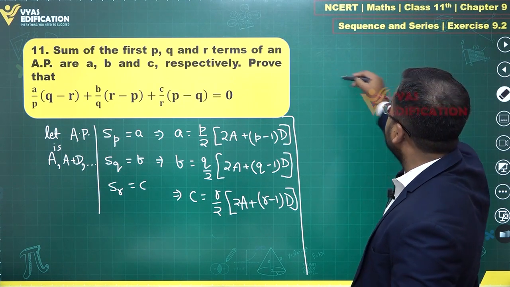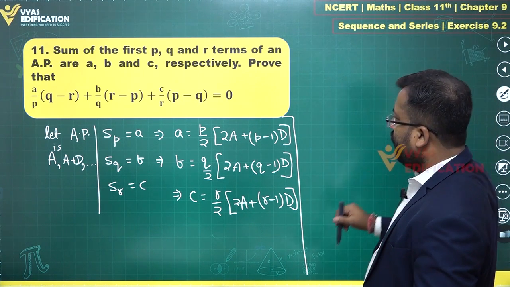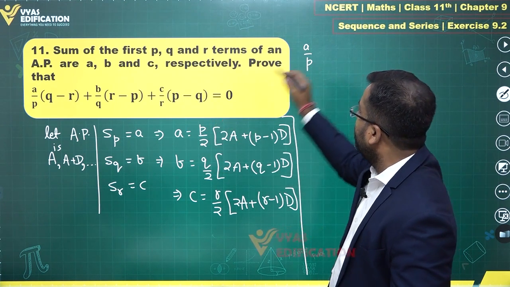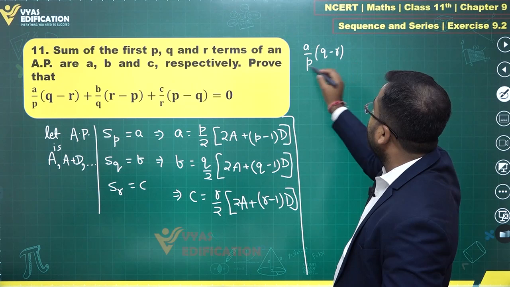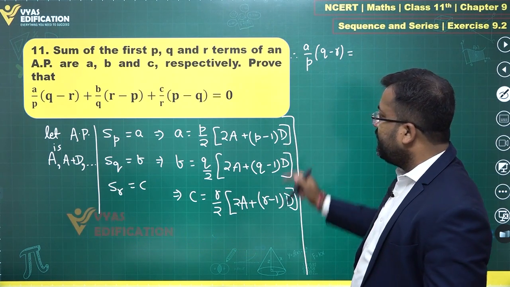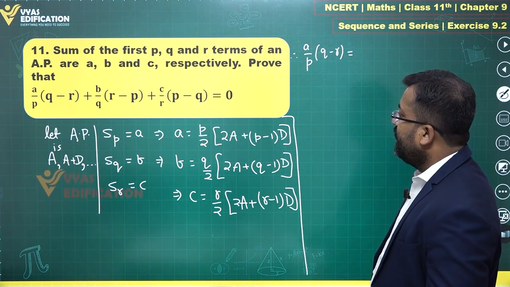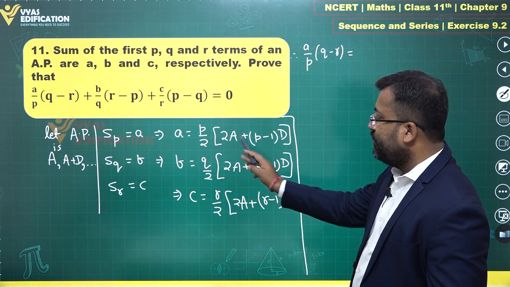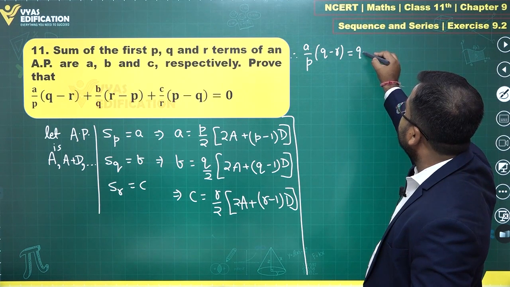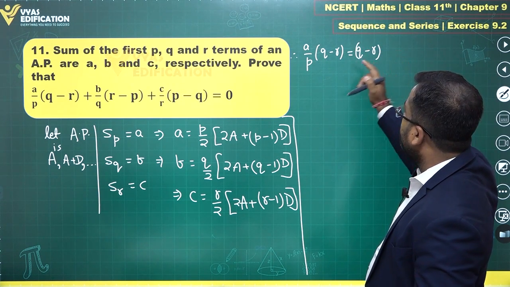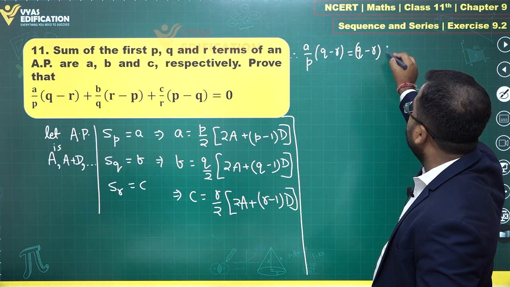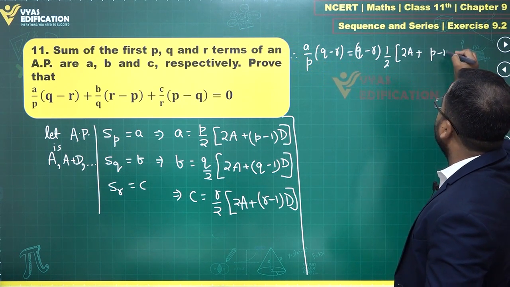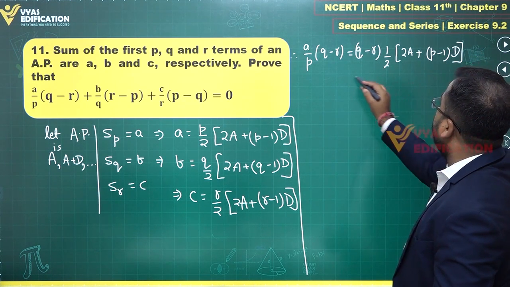Instead of writing the LHS, because that will be a long expression, what I'll do is a upon P times Q minus R. Therefore, with the help of this first one, this is equal to, you have a over here, 1 by 2 goes inside, Q minus R times 1 by 2, in the bracket you have 2A plus P minus 1 times capital D. This is what you have.